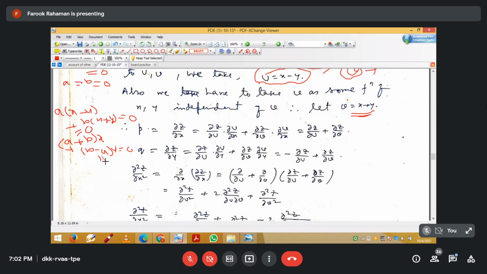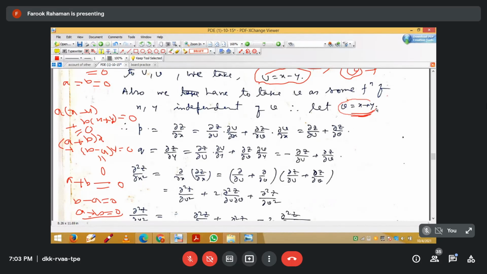These two expressions are individually 0. This is the criterion for independent variables only. So a plus b equal to 0 and b minus a equal to 0. If you solve it, one can see that a equal to 0, b equal to 0. So that means these two functions u and v are independent.